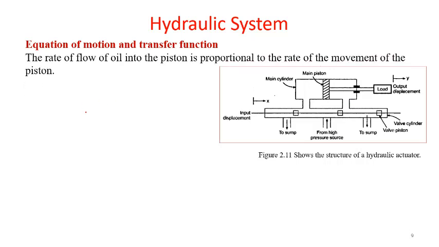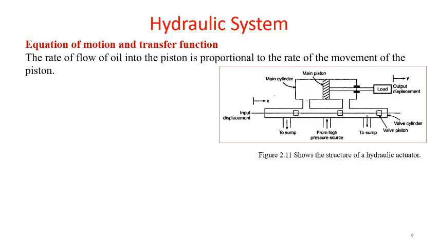Going ahead, the rate of flow of oil into the piston is proportional to the rate of movement of the piston. Here the rate of flow of oil, Q, or the discharge of oil taken into the piston, is proportional to the movement of the piston. Movement of the piston here means the displacement.